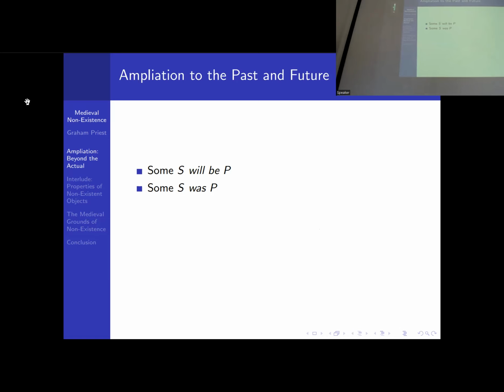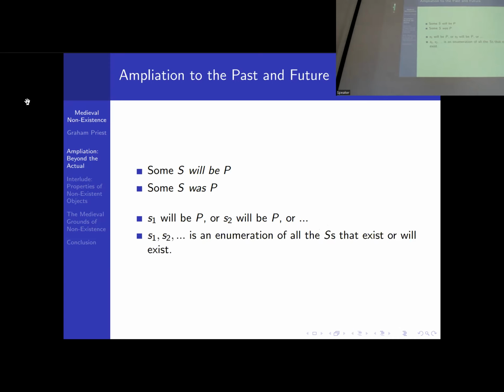Okay, let's do this one. Some S will be P. The past tense one is symmetrical. So when is some S will be P true? Well, that's true just if S1 will be P or S2 will be P or... And what are the S's this time? Well, S1, S2 now is an enumeration of all the things that exist or will exist.